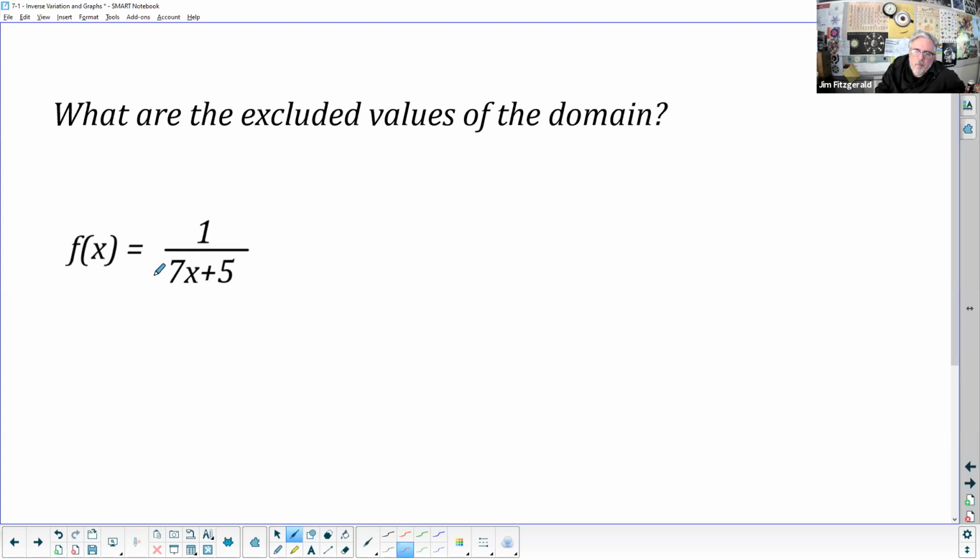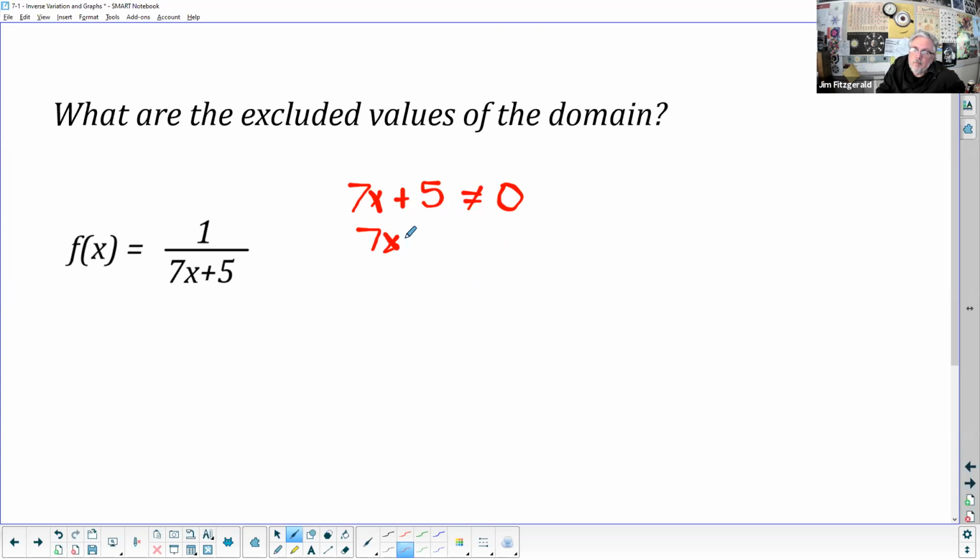When that denominator is equal to 0, my function is going to be some number divided by 0, and I can't do that. So 7x plus 5 cannot be equal to 0, because that would give us an undefined value. So what value of x gives us that? I'll go ahead and work this. Even though that's a not-equal-to, I'll solve it the same way.